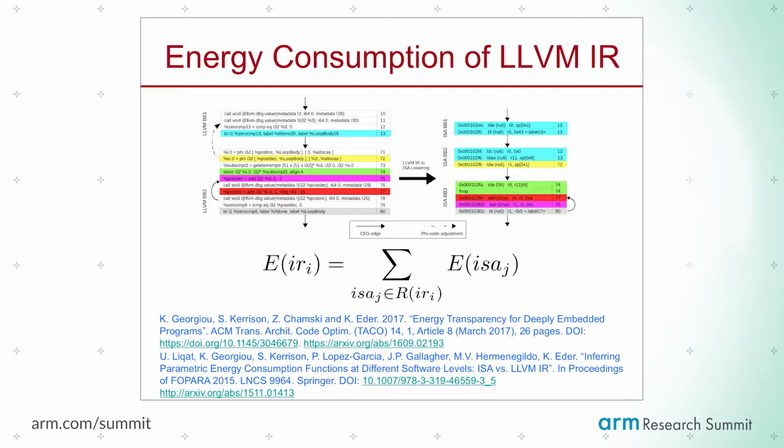Remember, we know how much each machine instruction costs, so this is the output from the compilation. And this is the intermediate representation on the other side. And in order to determine the cost of an intermediate representation component, we need to associate it with the machine instructions it created or that are associated with it.